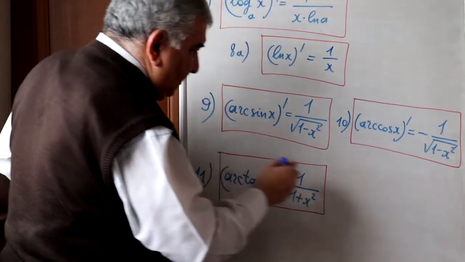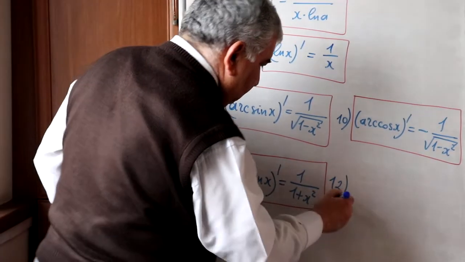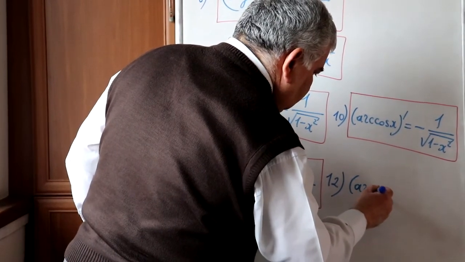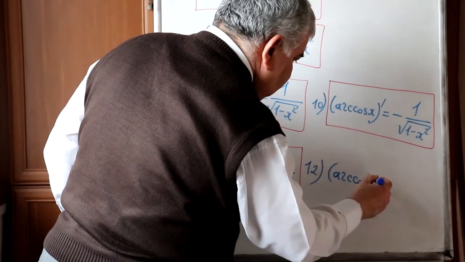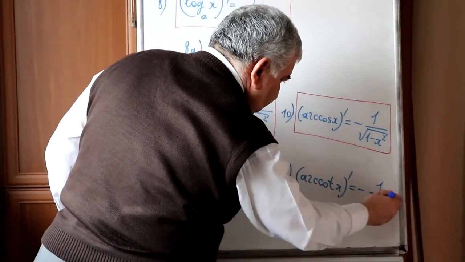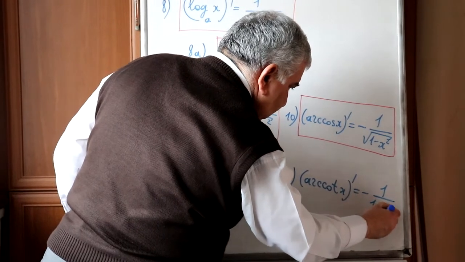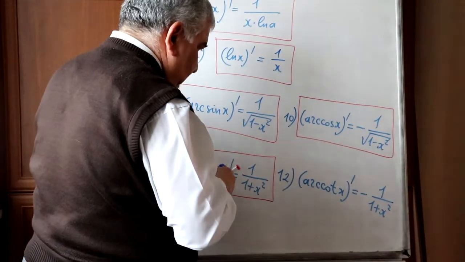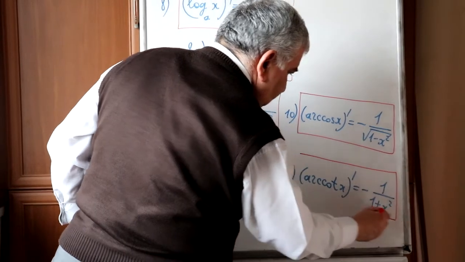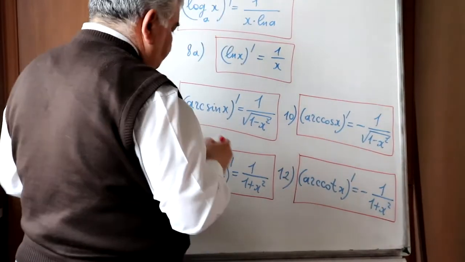And 12th formula, arccotangent x prime is minus 1 over 1 plus x squared. Then continue.